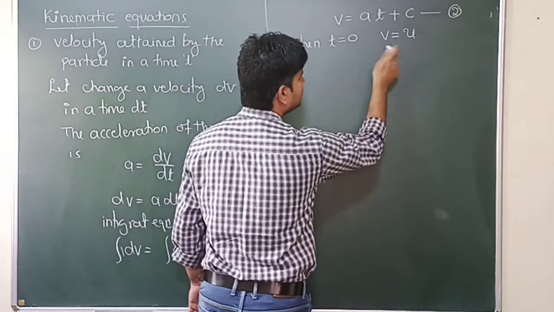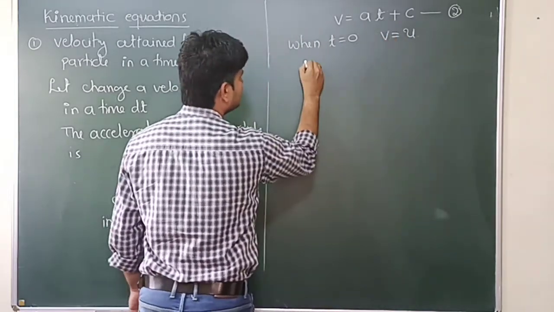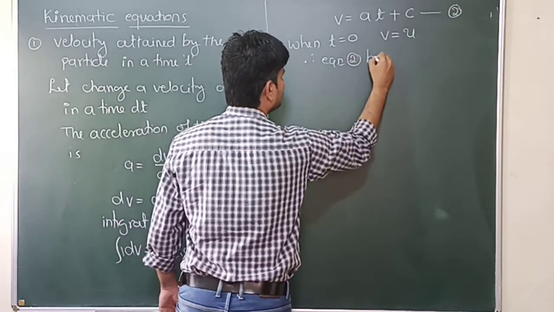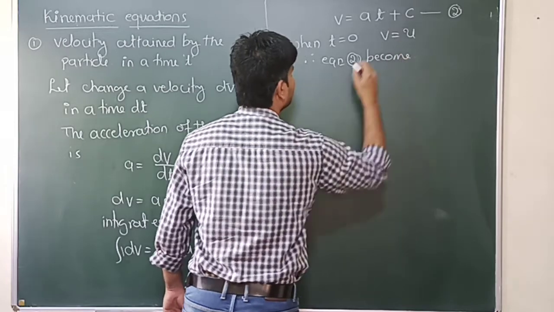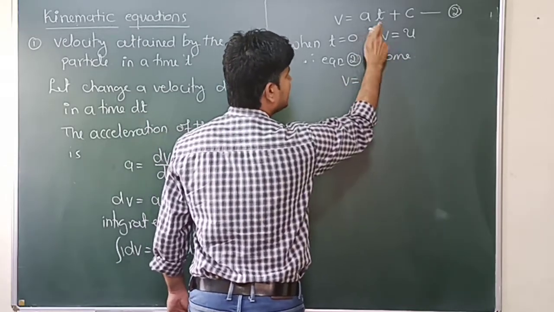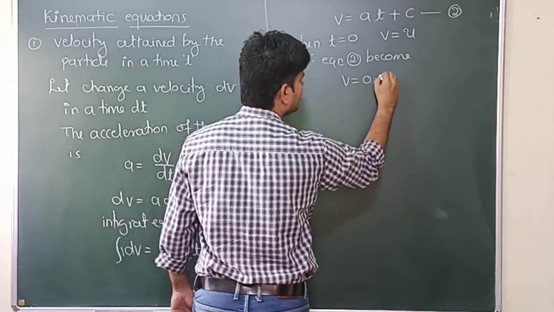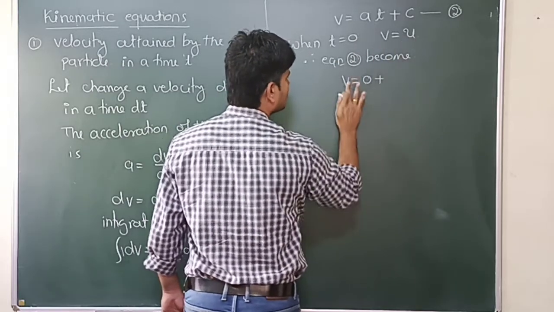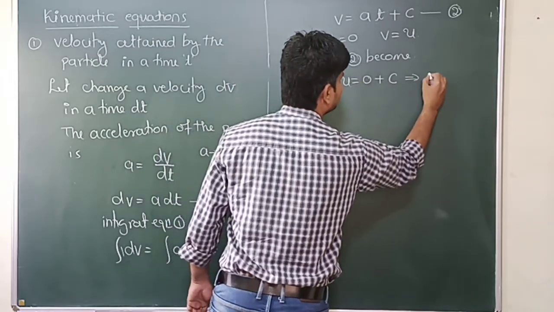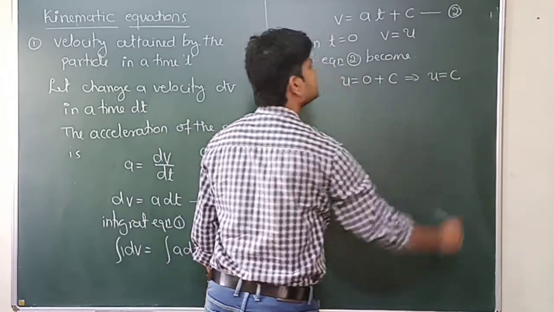Therefore, substitute these two values into this equation. Equation 2 becomes v is equal to a into 0, which is 0, plus c, where v is u. That gives u is equal to c.